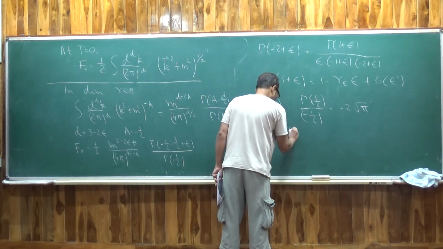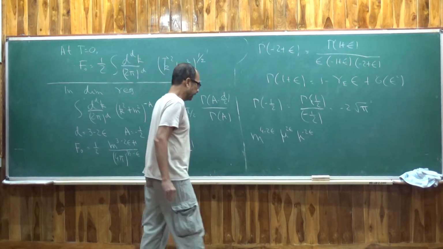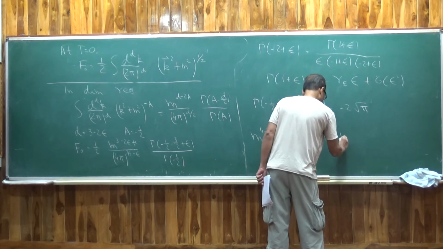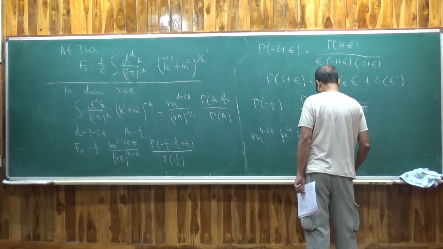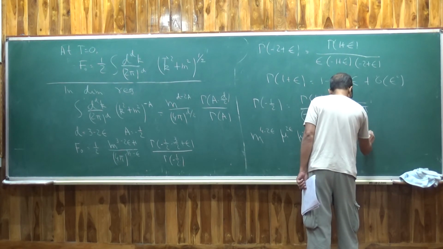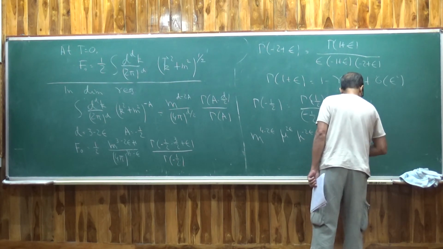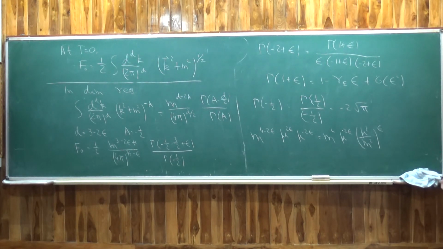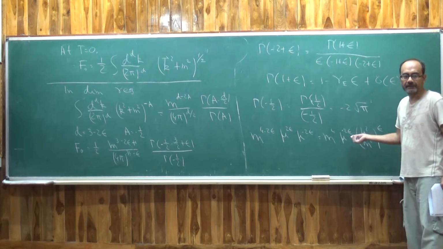I will write mu to the 2 epsilon, mu to the minus 2 epsilon, and then re-express this as m to the power 4 mu to the power 2 epsilon, and then mu to the power minus 2 epsilon, and then mu square over m square to the power epsilon.